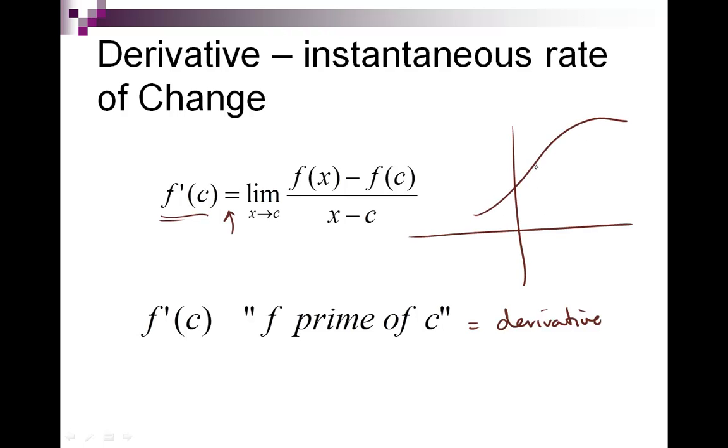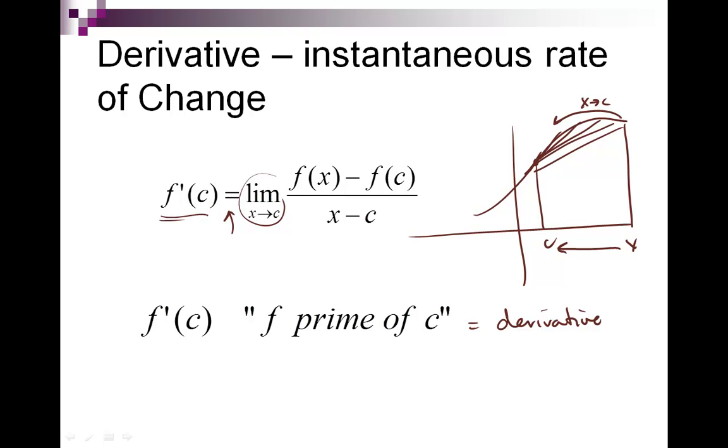It really doesn't matter which side I make c and which side I make x. But as x approaches c, if I take the limit of all of these values as we are getting closer and closer as x is approaching c, then if I take the limit of those values, I will eventually get the value when x is c.